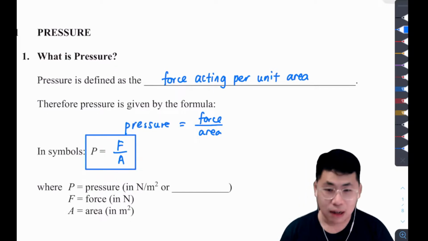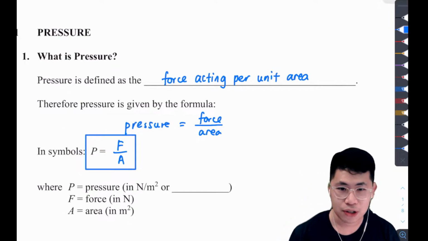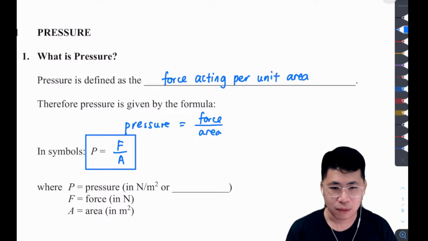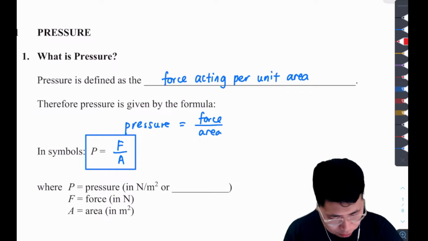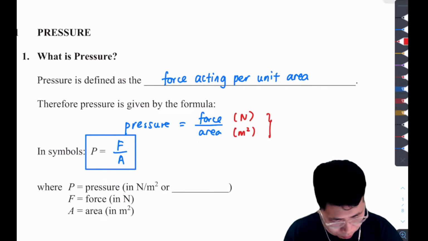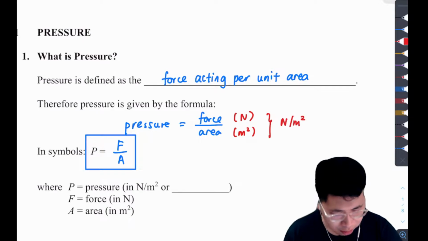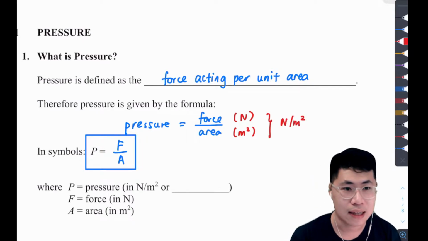So for the units for pressure, P for pressure is in Newton per meter square. Why? Force is in newtons, area is in meter square. Combined together, you have Newton per meter square as the SI unit.